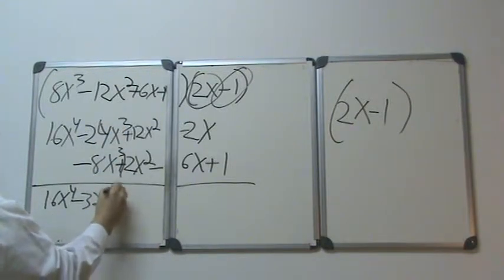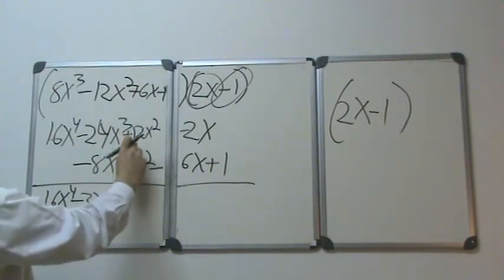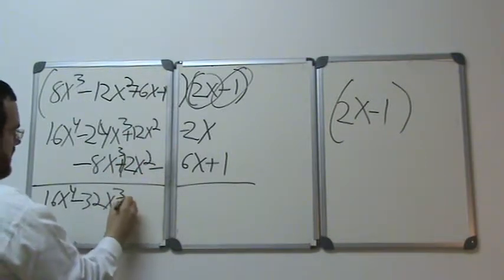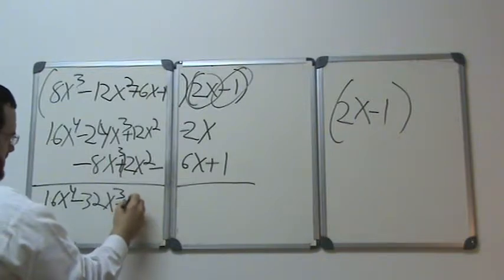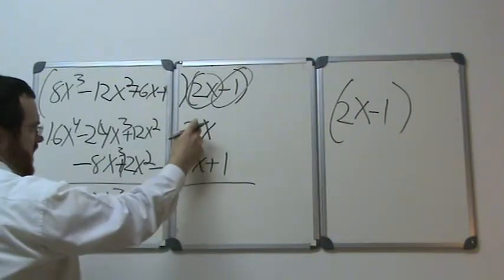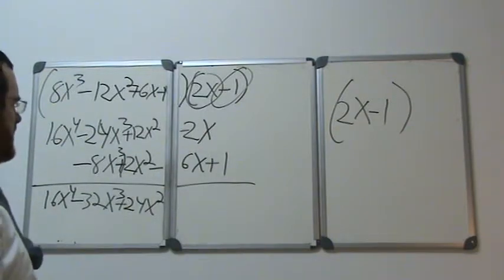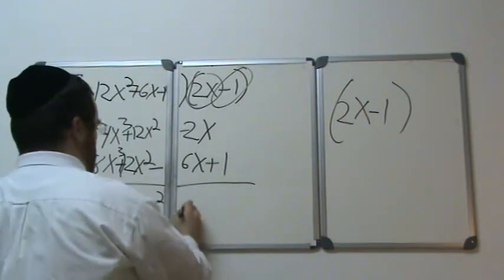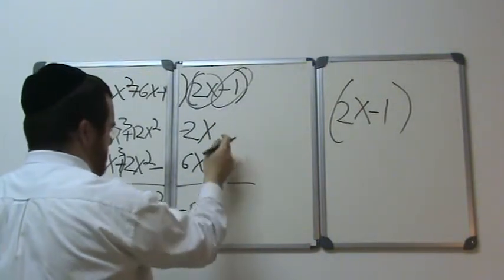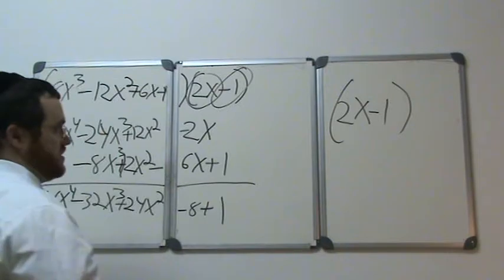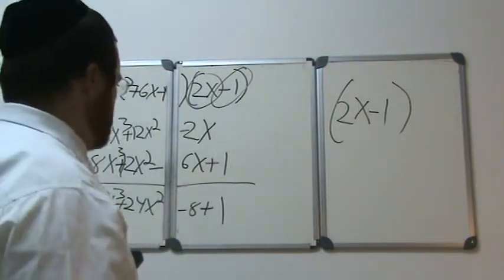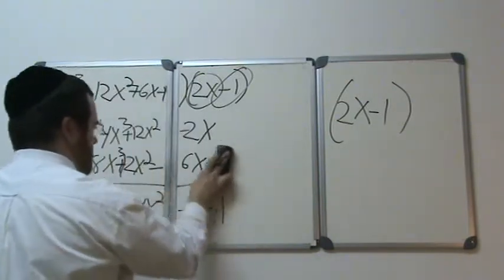You have 32x cubes, and positive 12 and positive 12 is positive 24 x squares, and negative 2x and negative 6x is negative 8x, and 1 and 1, 0 plus 1 is 1. So now we're ready to bring down the final 2x minus 1. So now we're going to erase everything over here.